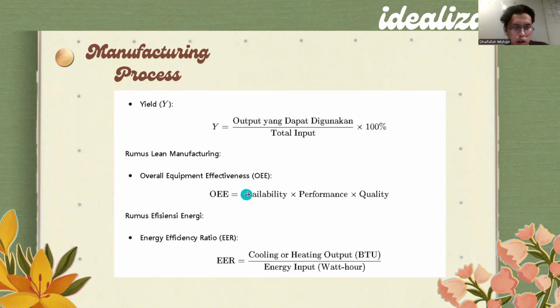Then we have the lean manufacturing formula, OEE, overall equipment effectiveness: availability times performance times quality. And then we have the energy efficiency ratio, or EER, which is cooling or heating output, in BTU, divided by energy input, in watt-hours.